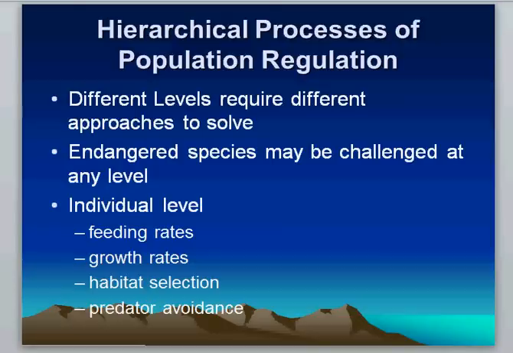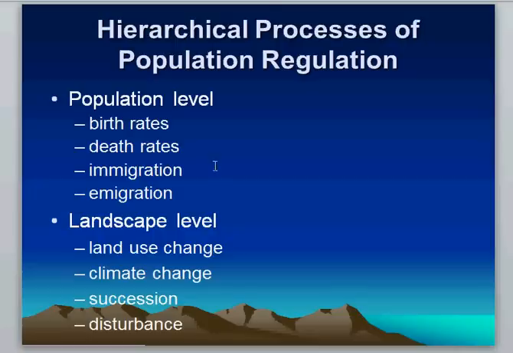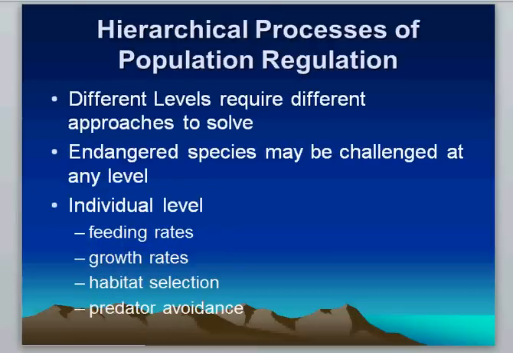We may think of population regulation processes at the individual level, at the population level, at the land and at the landscape level. There are different characteristics or processes at different levels. At an individual level there would be things like feeding rates, growth rates, habitat selection and predator avoidance.